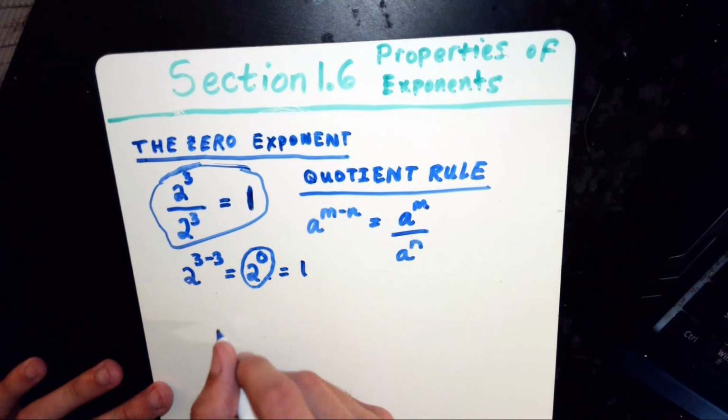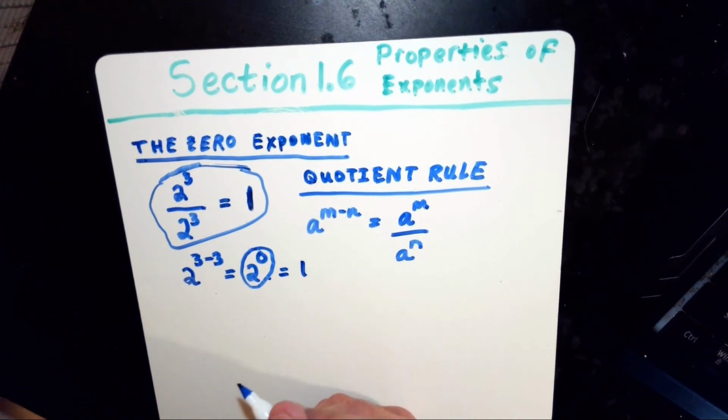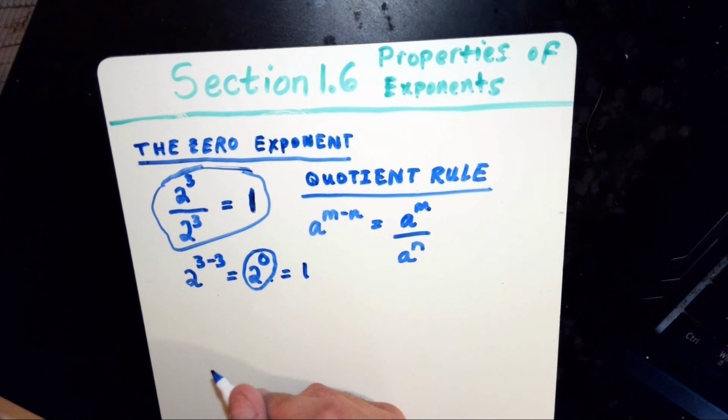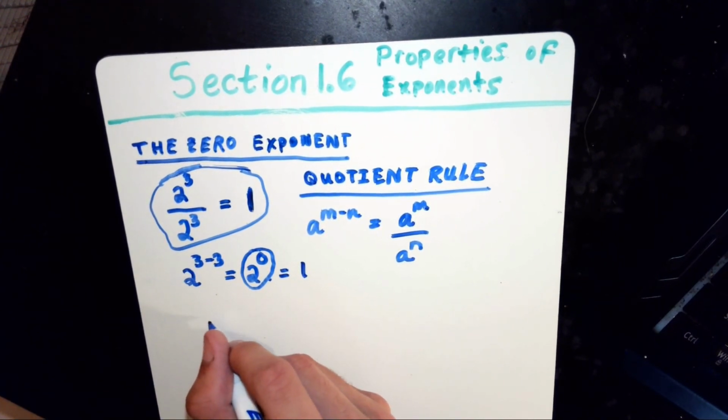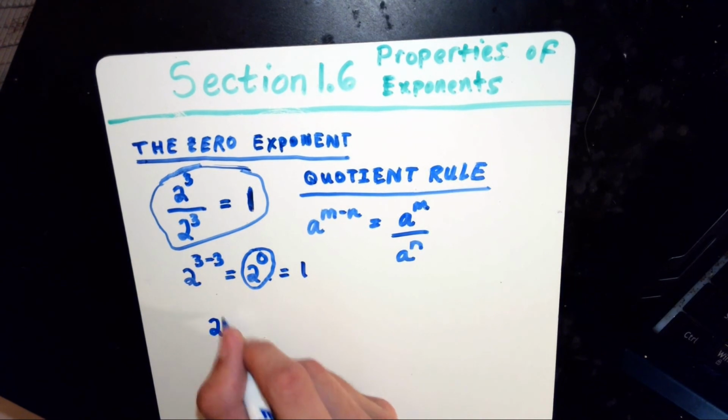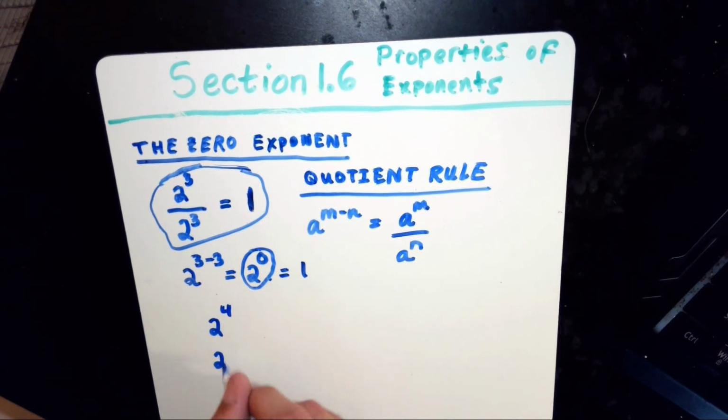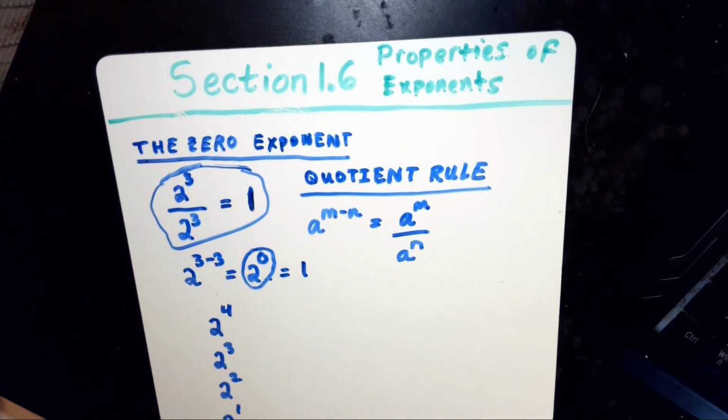Let's say we've got 2 to the 4th, 2 to the 3rd, 2 squared, 2 to the 1st, and 2 to the 0th.